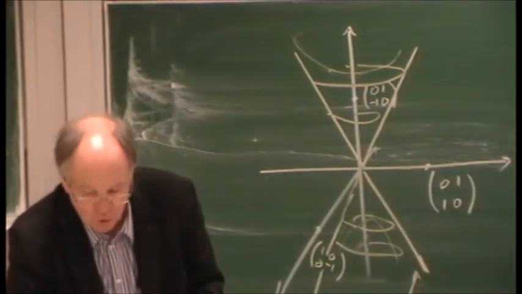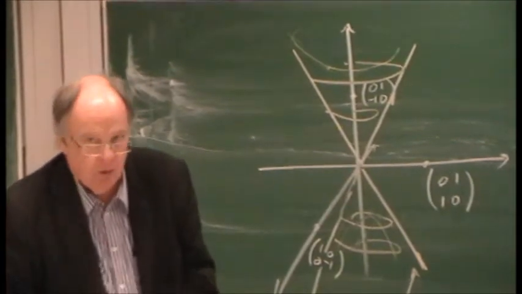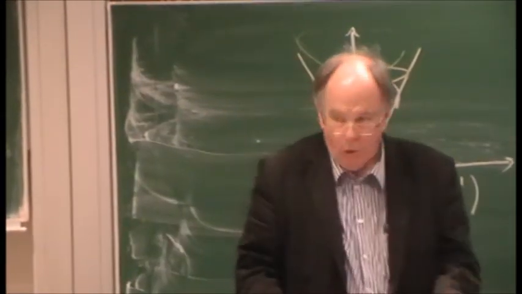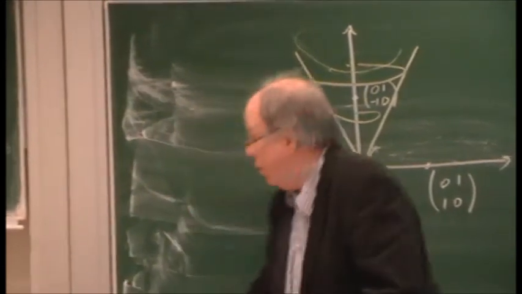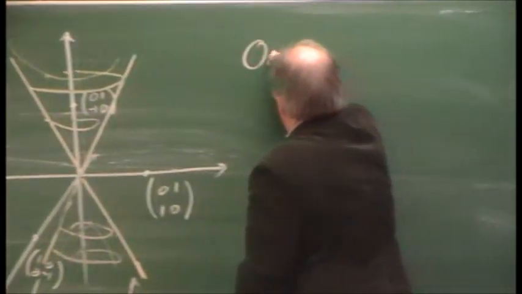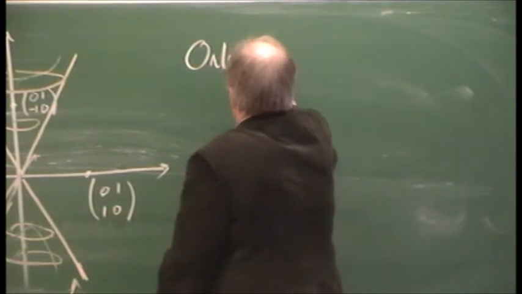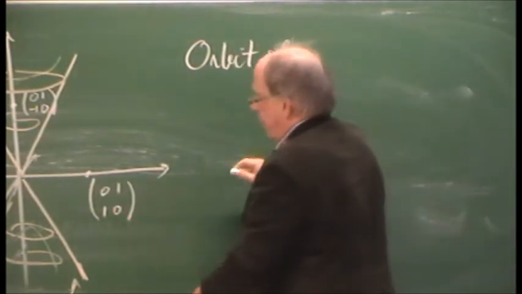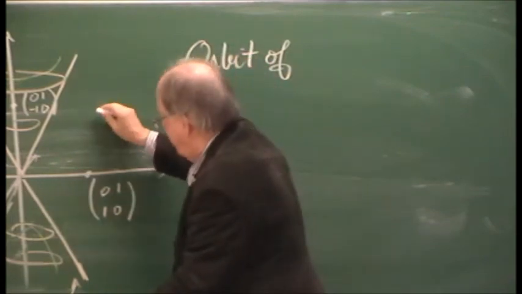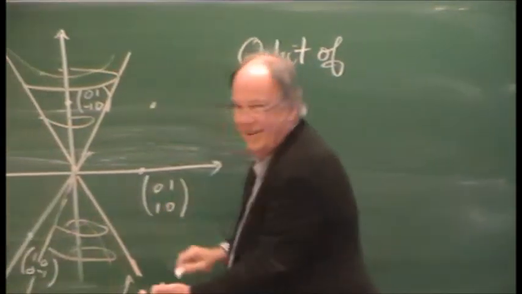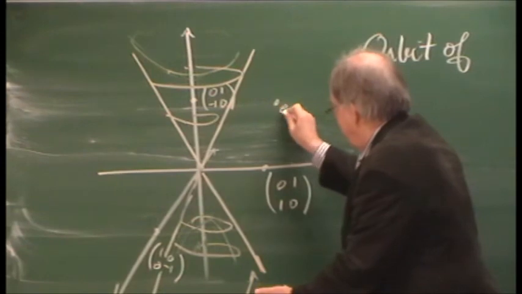Professor, may I ask a stupid question? Sure. You said orbit. What is the action to? Oh, I'm sorry, yes. I didn't say. So, an orbit here. An orbit, say, of some point. Let me dramatize it. Say, an orbit of a point somewhere here.